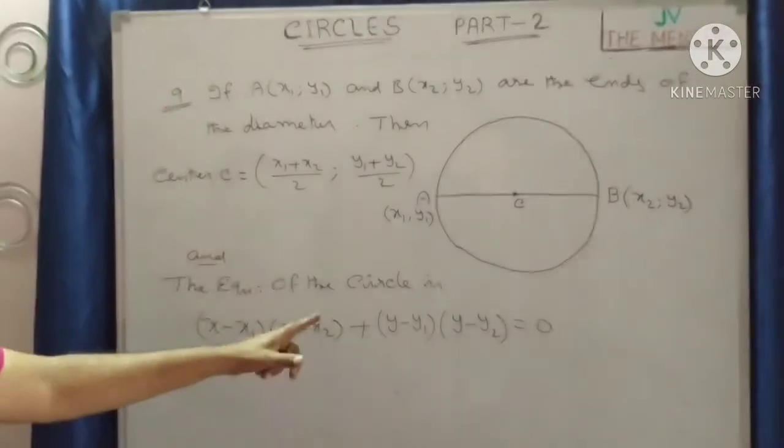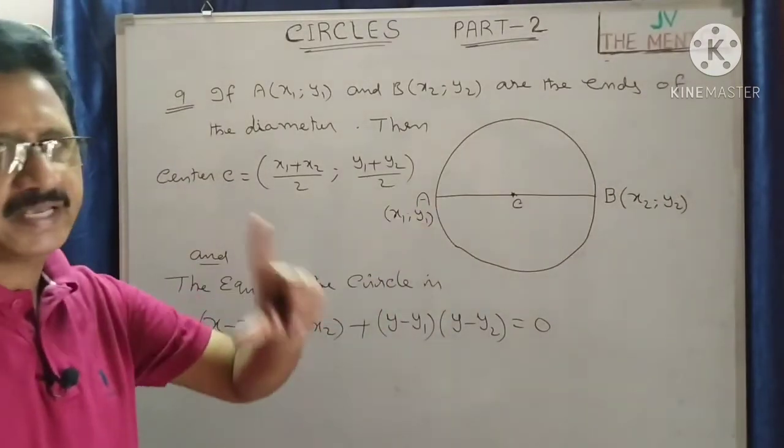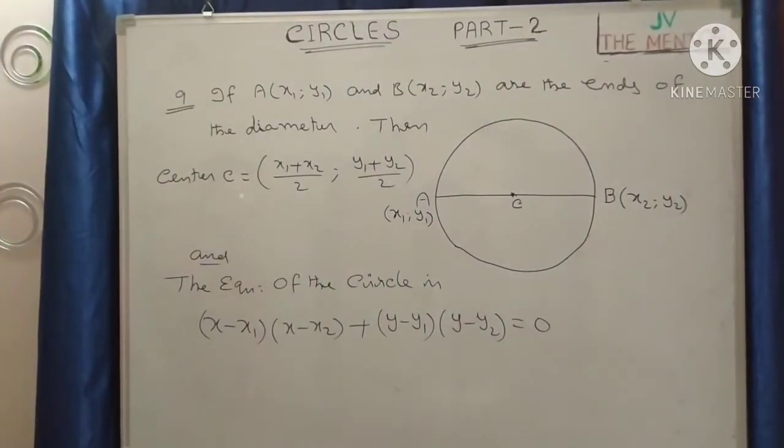This is the equation of the circle having AB as a diameter. Write down.